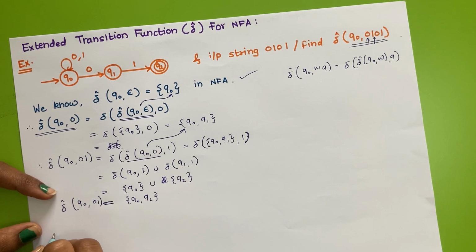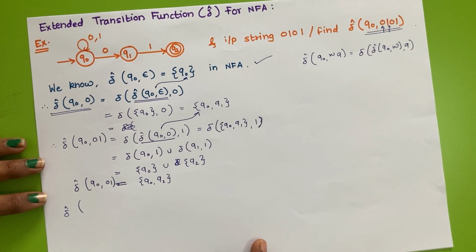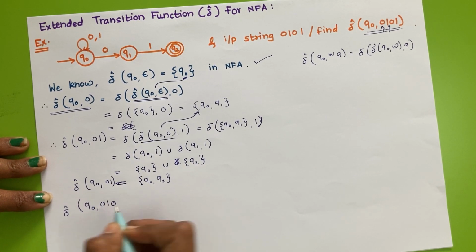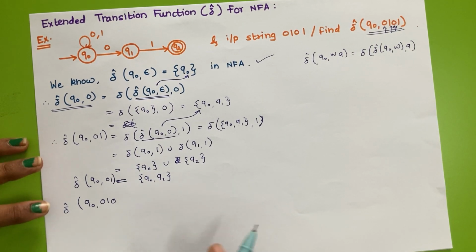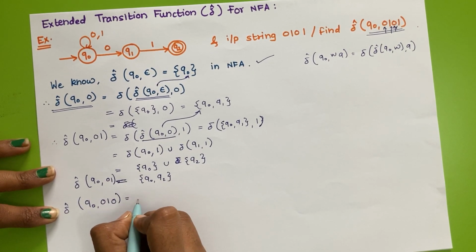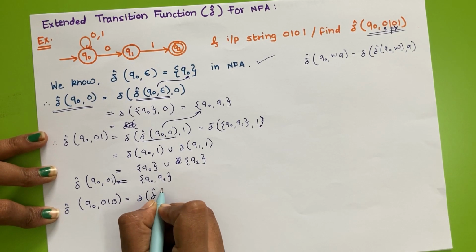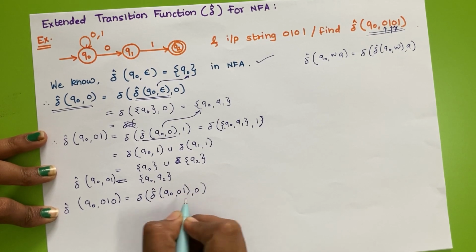Now the next step is delta cap of Q0 comma 010. The next input symbol is 0. Again I'll write in that format, that is delta of delta cap of Q0 comma 01, comma 0.